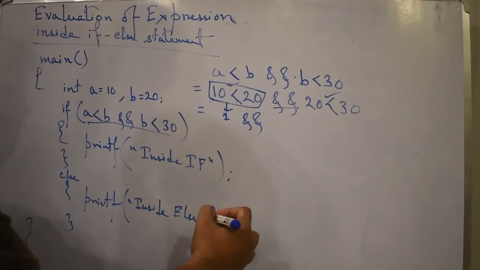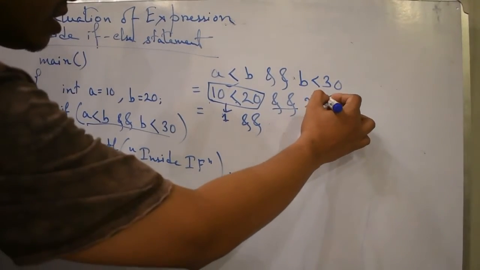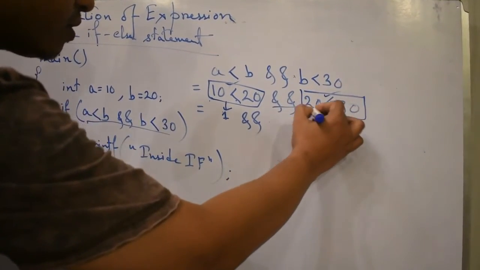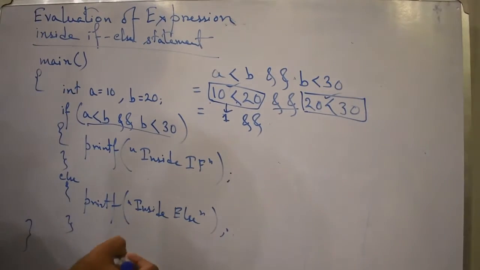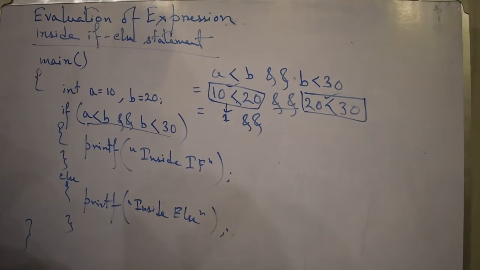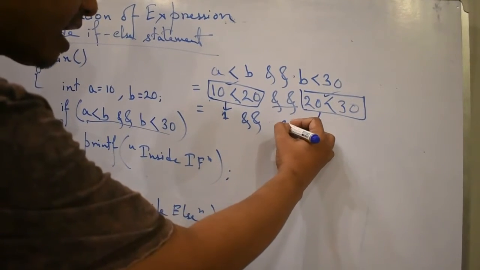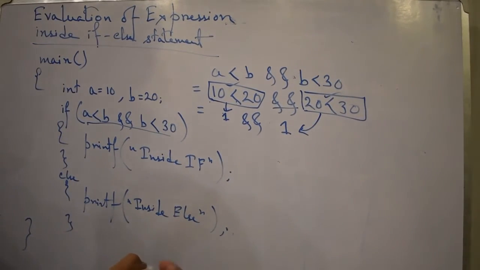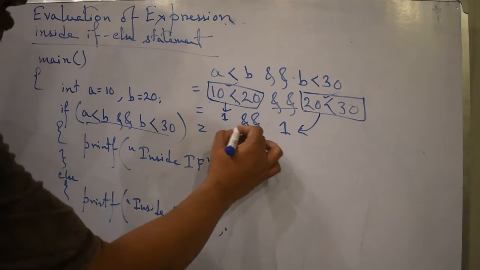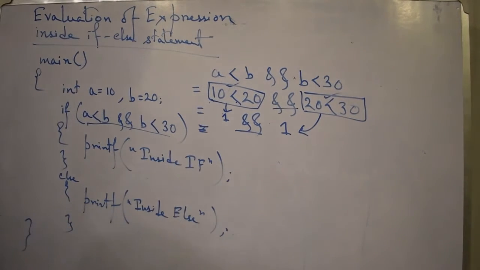Then this will be executed: is 20 lesser than 30? Yes, so it gives the result 1. Now this is the logical AND. What is the logic of logical AND?